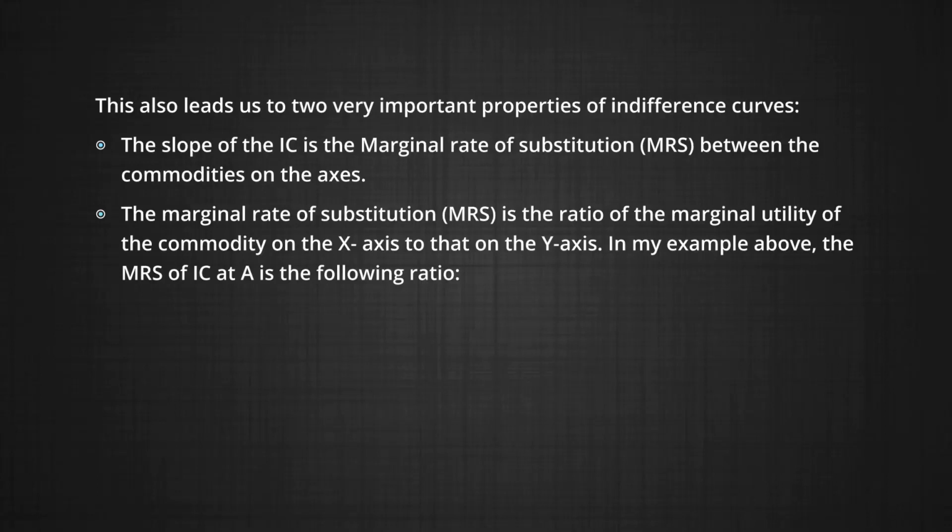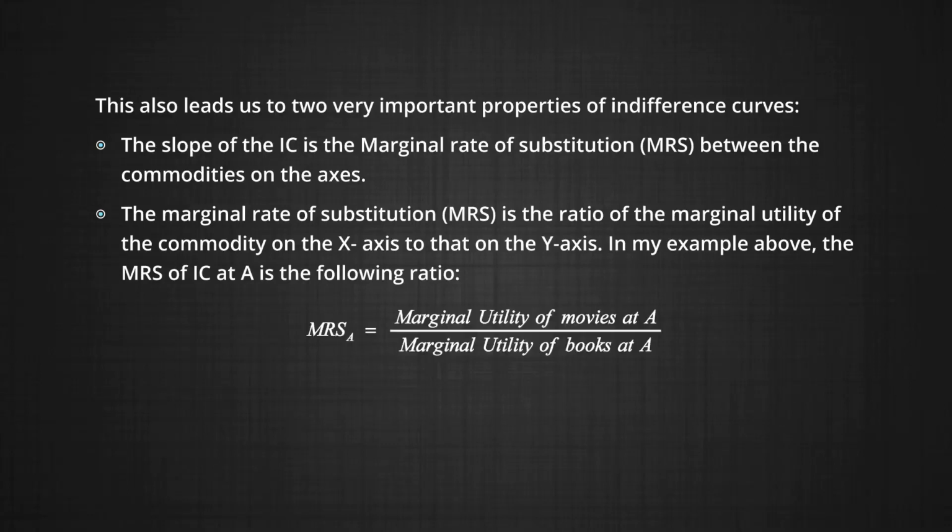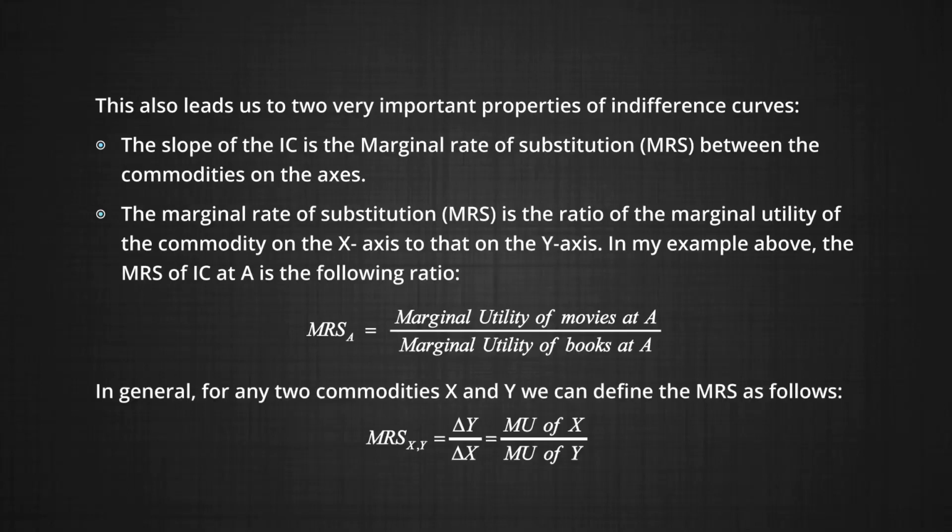In my example above, the marginal rate of substitution of the indifference curve at A is the following ratio. It is the marginal utility of movies divided by the marginal utility of books. In general, for any 2 commodities, X and Y, we can define the marginal rate of substitution as is shown on your screen.